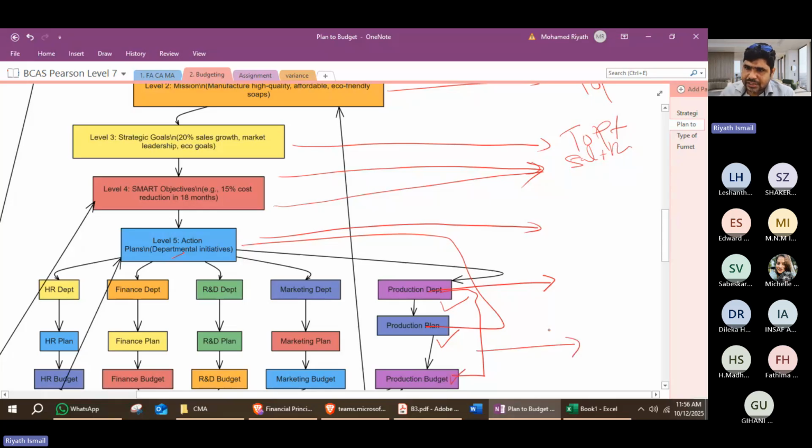So is this a cost center or a revenue center? Cost center.